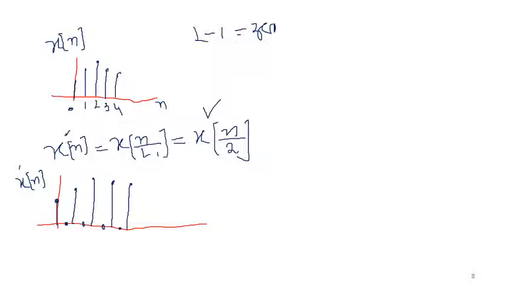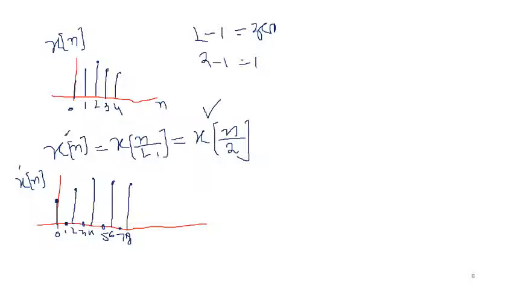Because L equals 2, we have 1, so we will insert 1 zero between all the samples. If you compare, that's what you get: 0 1 2 3 4 5 6 7 and 8. That means we have double the samples of what we had here.